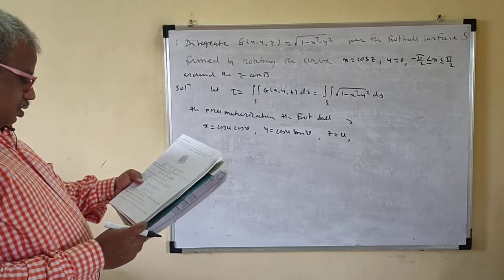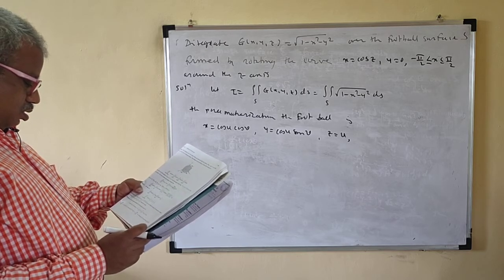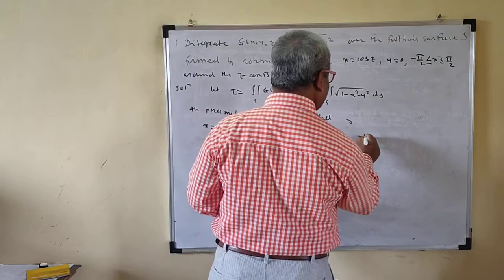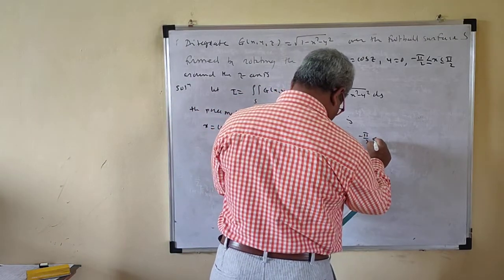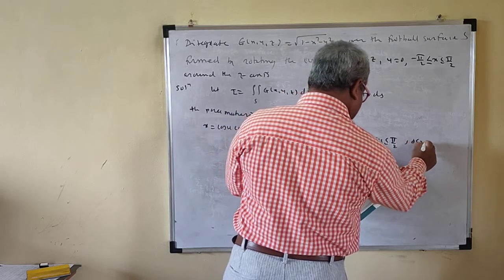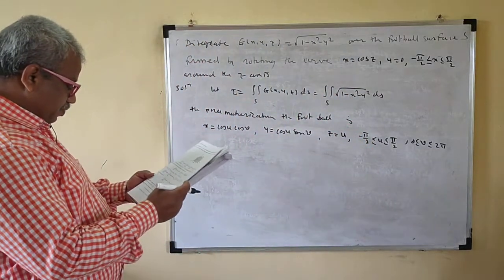So in the use of this, x is equal to cos z. Okay, so minus pi by 2 less than u less than pi by 2 and 0 less than v less than 2 pi. These are the range of u and v.